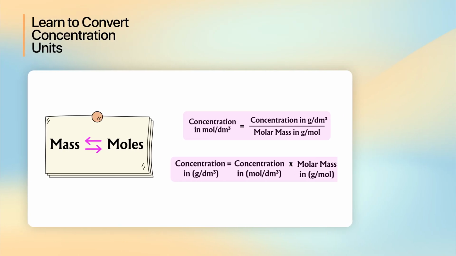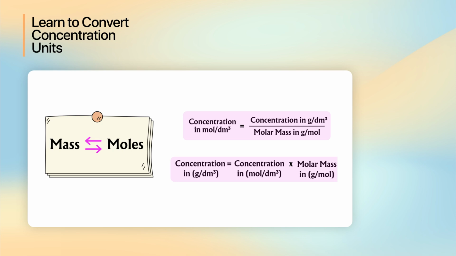In today's lesson, we focused on understanding how to convert concentrations between grams per cubic decimeter to moles per cubic decimeter and vice versa. We explored the formula for converting these concentrations, first from grams per decimeter cubed to moles per decimeter cubed, which involves dividing the mass concentration by the molar mass of the solute.